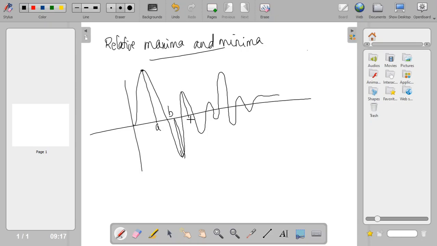This is the point C, and let me take only these points. If you look at the point A, you can see that at point A your function value attains a peak. At the value B, the function attains a lower peak.